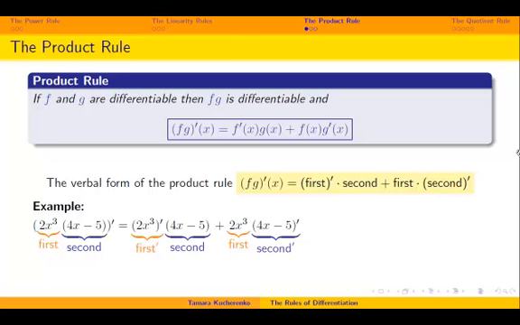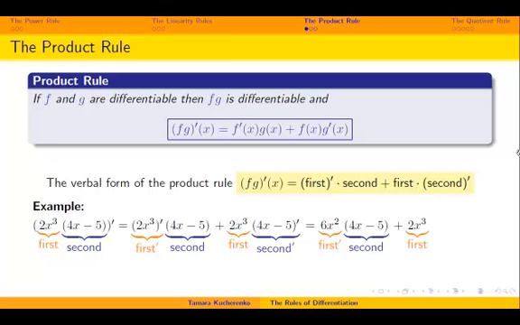Now we take derivatives. The derivative of 2x cubed is 2 times 3 times x squared. We get 6x squared times the second, 4x minus 5, plus 2x cubed times the derivative of 4x minus 5.